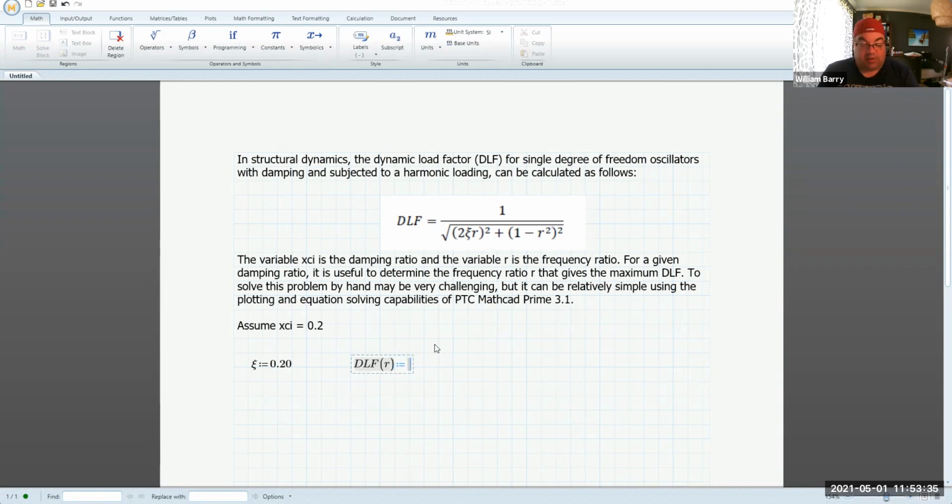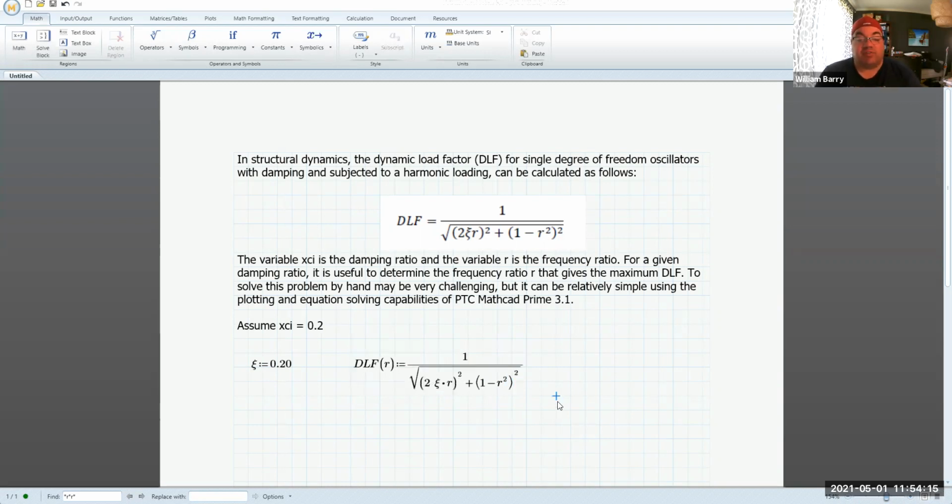So I'm going to define the DLF as a function of r to be 1 divided by the square root of quantity 2 times xc times r, and that quantity squared, and then plus quantity 1 minus r squared, that whole quantity squared.